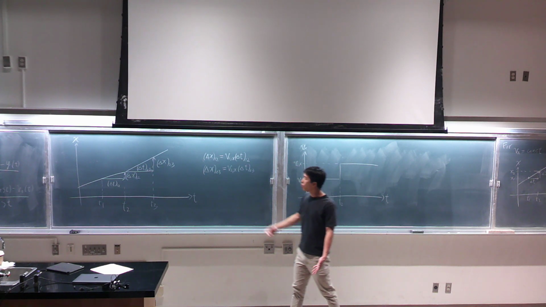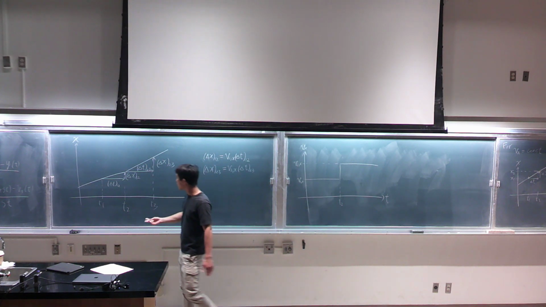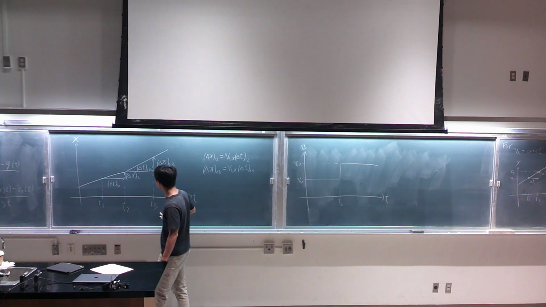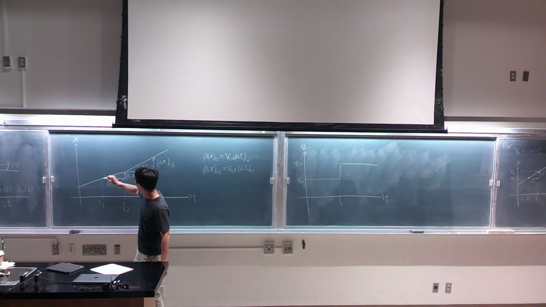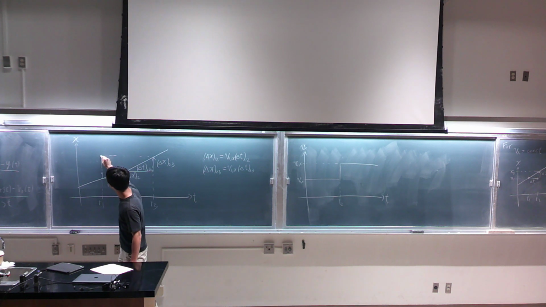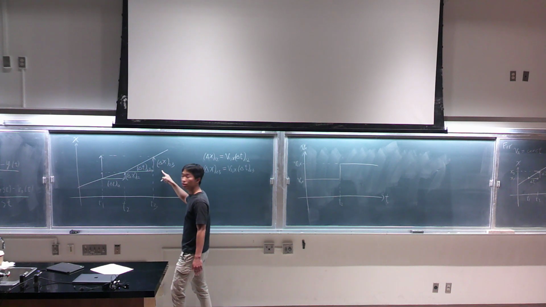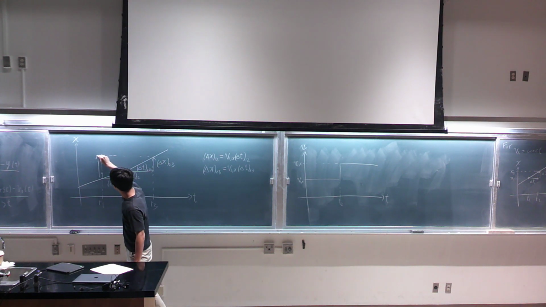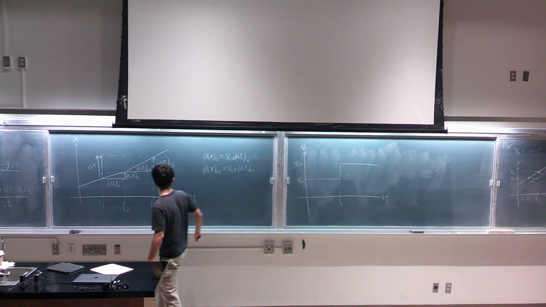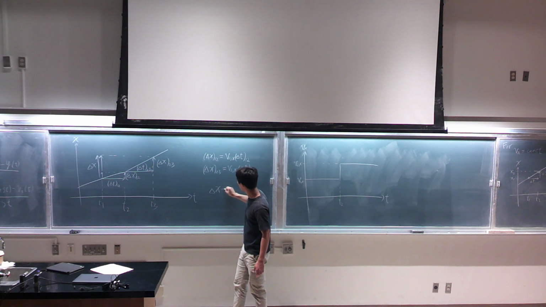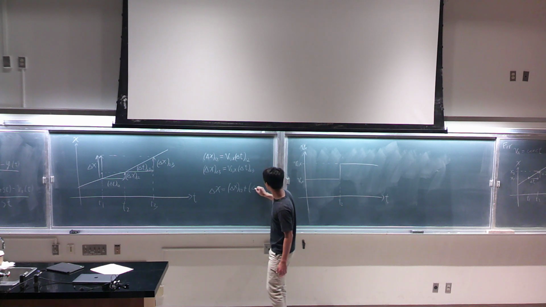And then if you want to ask what is the total displacement from t1 to t3, well, from t1 to t3, you first go up by this much, and then you go up more by this much. So the total x displacement will be the sum of the displacement of these two parts.